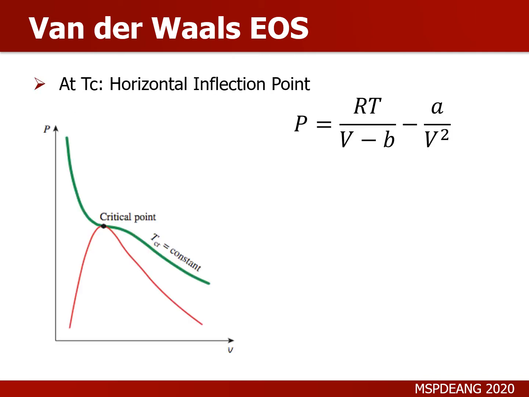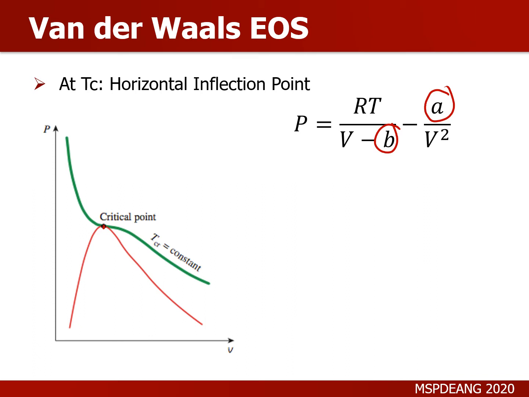So now, the challenge for the van der Waals EOS is how do we determine the constants A and B? It's one thing na pwede naman to i-tabulate. However, we can now make use of one critical point, and the behavior of the critical point is that we have a horizontal inflection.